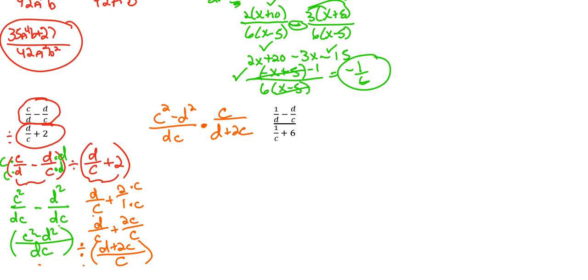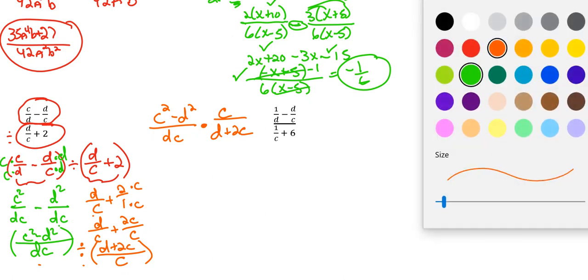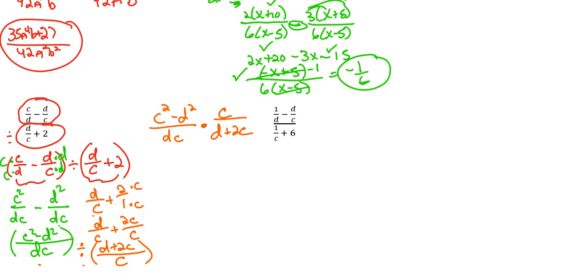Now I'm going to try to factor it. It's probably for naught because I'm pretty sure nothing will factor out here, but we can get rid of the C's as well. And yeah, I can tell nothing's going to happen, but if I did factor this, it would be C plus D, and it will be C minus D. So if I look here and on that diagonal, nothing will cross out, so nothing will benefit me in doing that, but I'll still leave it factored.